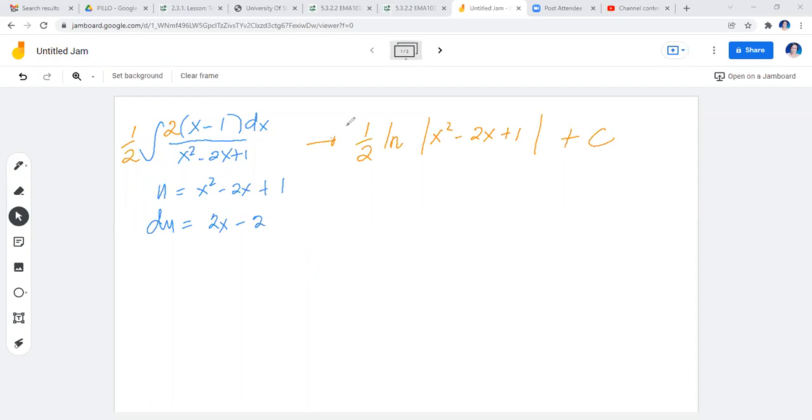I factored it so that the x minus 1 would cancel. What did you factor? The x squared minus 2x plus 1.